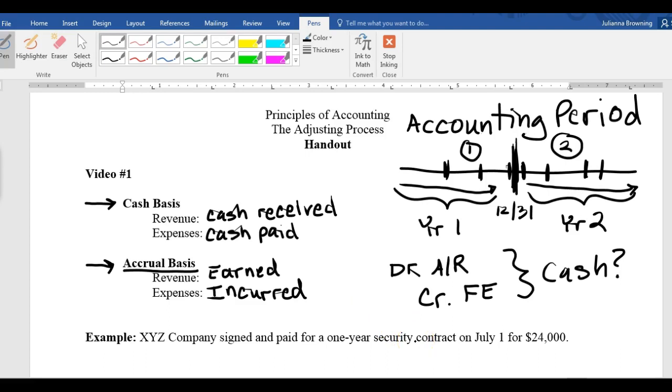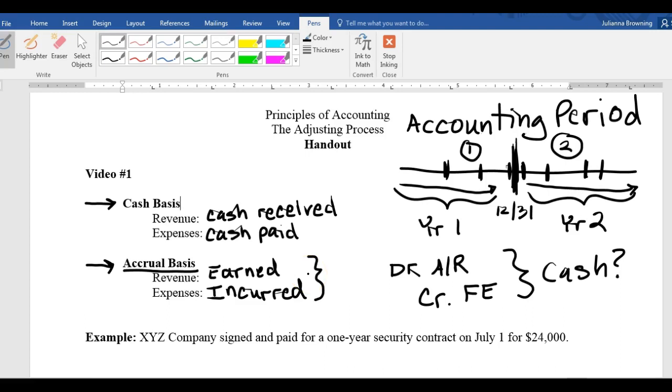So now we know that cash basis of accounting and accrual basis of accounting, those are different. Now, this idea of earned and incurred sounds easy enough, but it can get a little complicated.